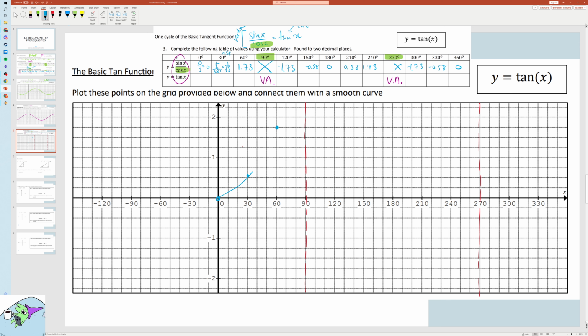And remember, a vertical asymptote insinuates the function is either going to go up to positive infinity or down to negative infinity. I think this is good enough to imply that we're going to go to positive infinity on the left side of 90. On the right side of 90, we're coming down from negative 1.73, then to negative 0.58, 0, to 0.58 on this side, and to 1.73 on this side as well.